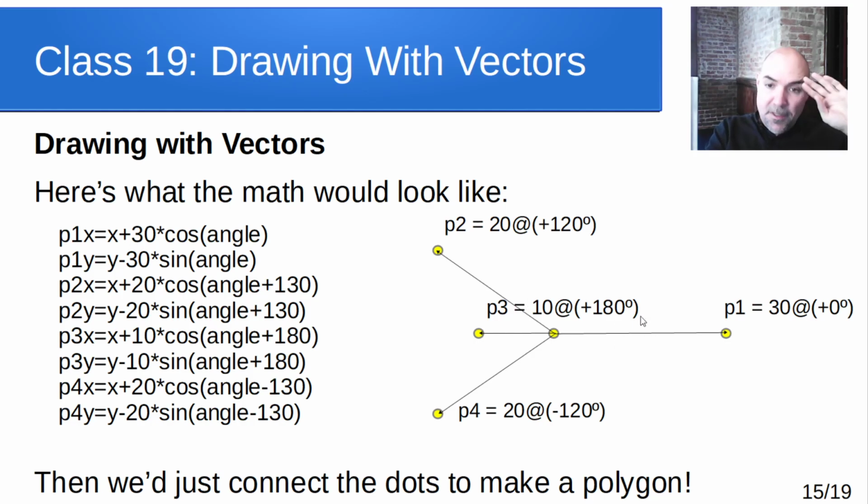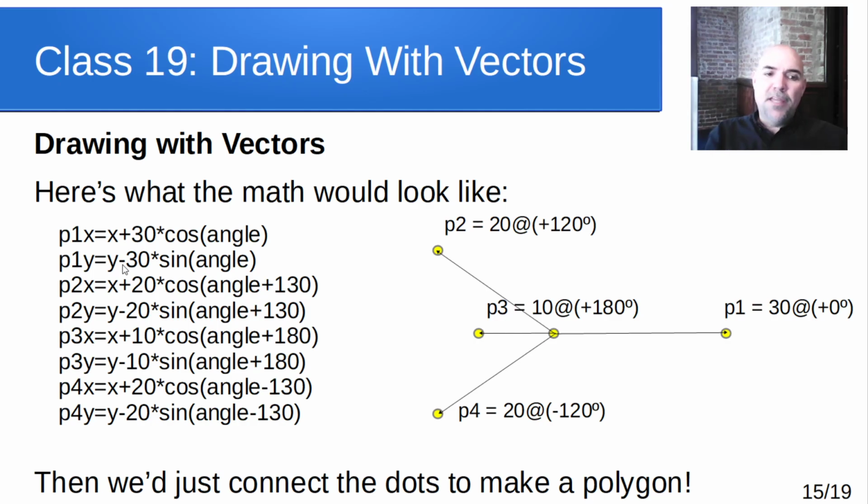So notice P1 was 30 pixels away, so there's the 30, times cosine of the angle. Again, x is cosine, y is sine, and here is 30 away at the sine of the angle. And you might notice there is a minus here. Why is that negative? That's negative because in Pygame our coordinate system is inverted.